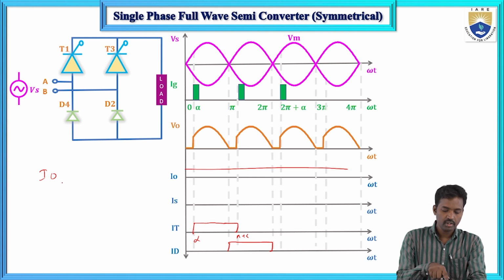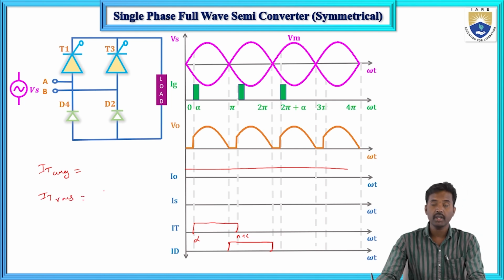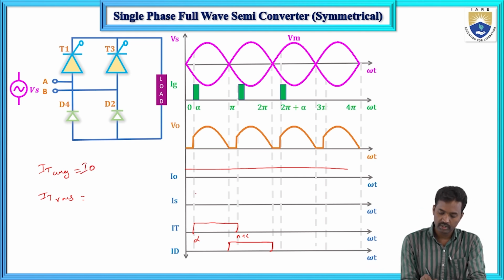So now here the source RMS, the IT average value, and the IT RMS value. The diode is conducting up to, so this is I naught. And now I naught, up to what angle is it conducting?